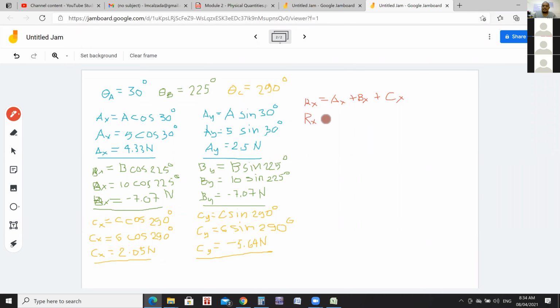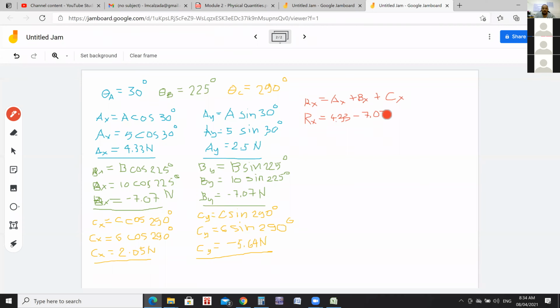Or Rx is equals to, how much is Ax? 4.33 plus, oops, wrong. It is negative, minus 7.07.